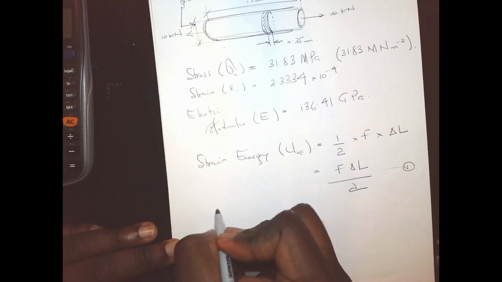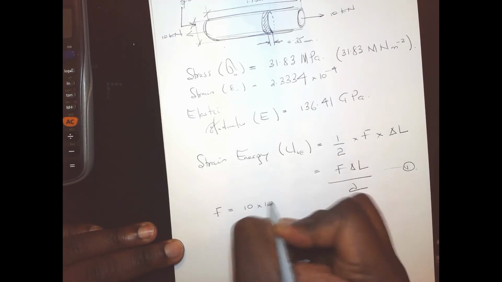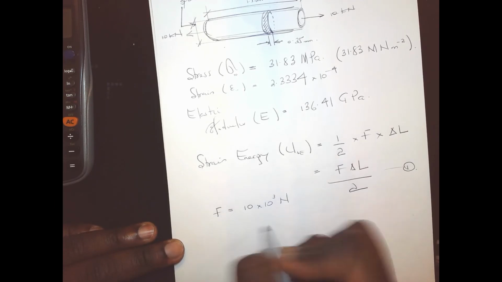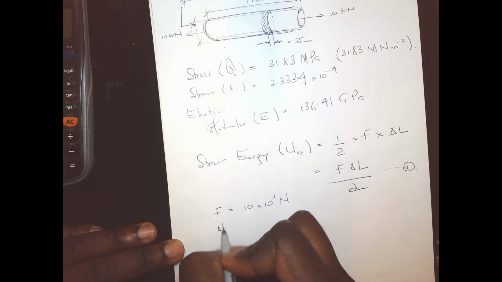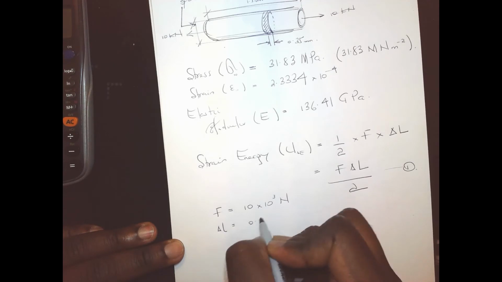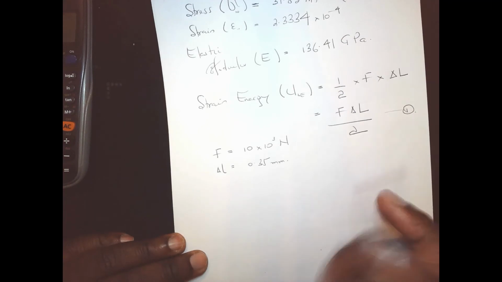We know what our force is, so we know that force is our 10 kilonewton tensile load, and we're also given the change in length, which was 0.35 millimeters. So all that we have to do now is substitute known values into our equation.